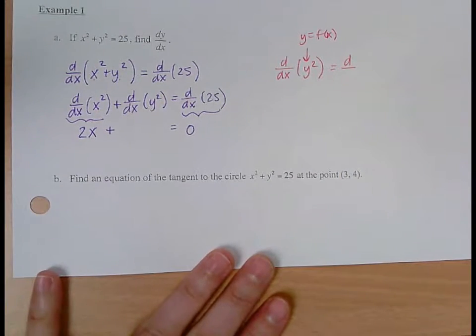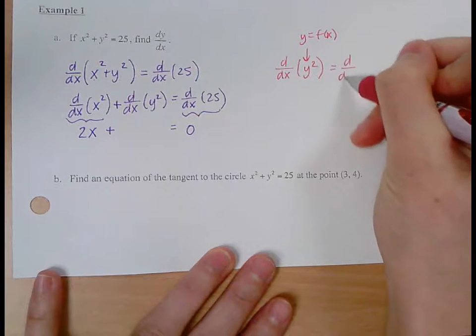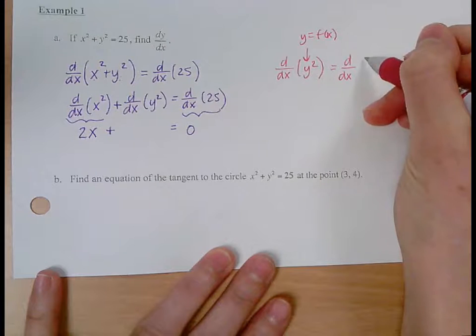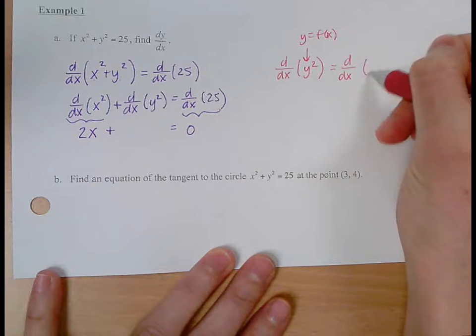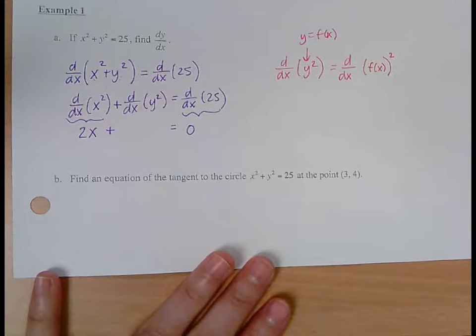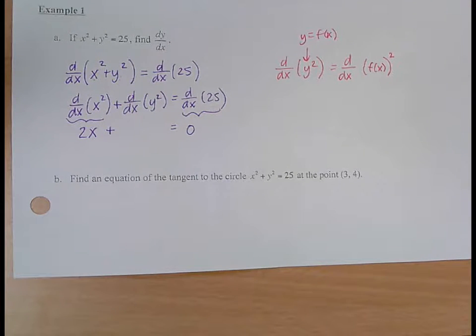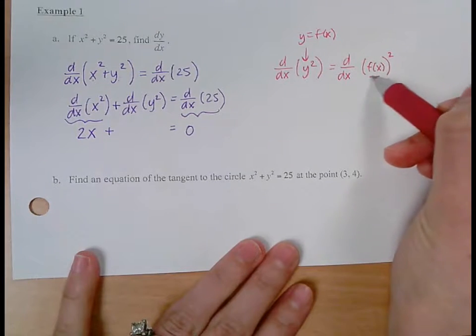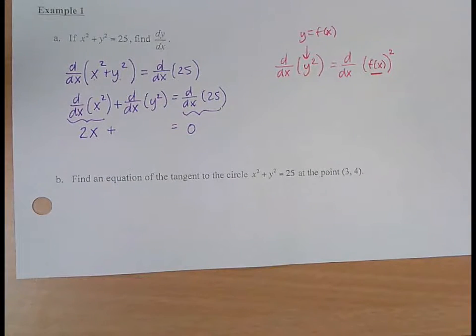You just don't know what function it's representing, but y is a function of x. So I'm really taking the derivative with respect to x of a function f of x squared. And this is why you need the chain rule, because f of x, or y, is your inside function, and then that quantity squared is your outside function.